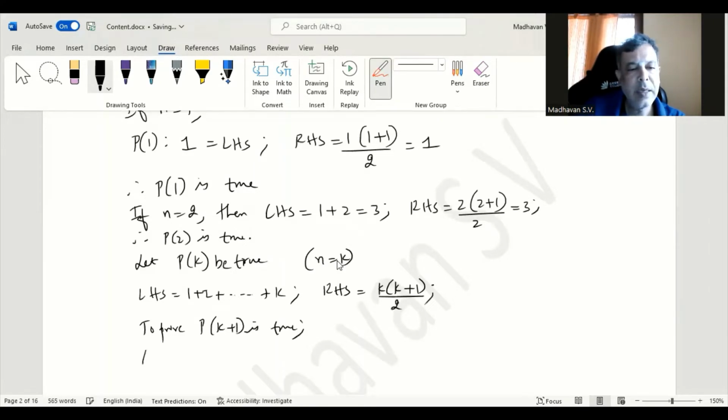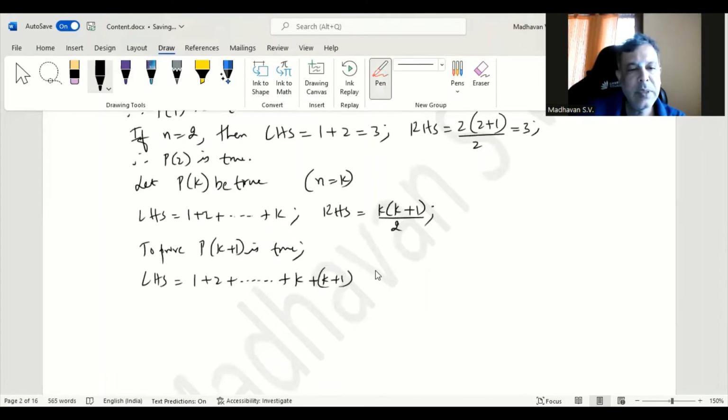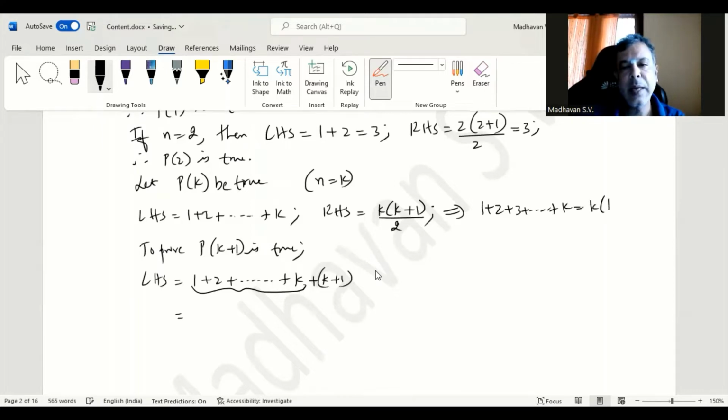So our left-hand side will now be 1 plus 2 and so on up to k, and then one more term, that is k plus 1. Now, we already assumed that this is true. That means we can rewrite 1 plus 2 plus 3 up to k as k into k plus 1 by 2.